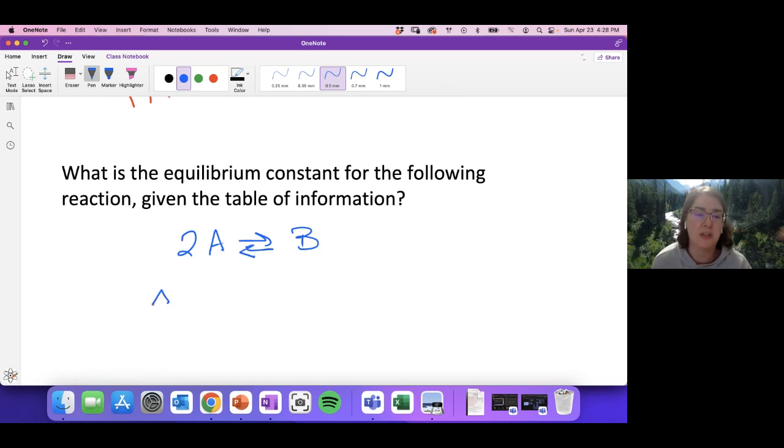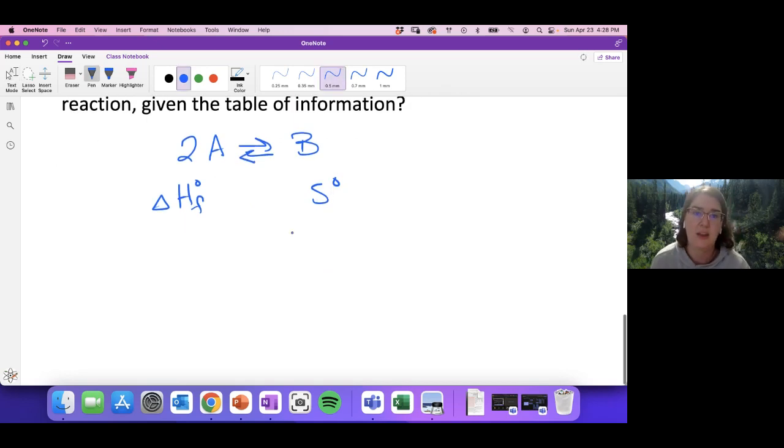And we're just going to give myself, these would be delta H of formation values. These would be standard entropy values. So I would have A here, I would have B here, and I'm going to go ahead and give myself a -12, and these would actually be in kilojoules per mole.